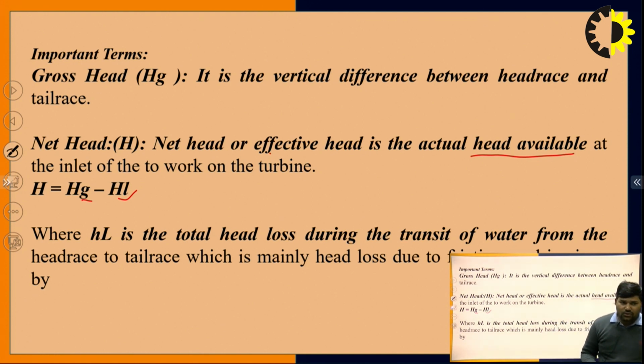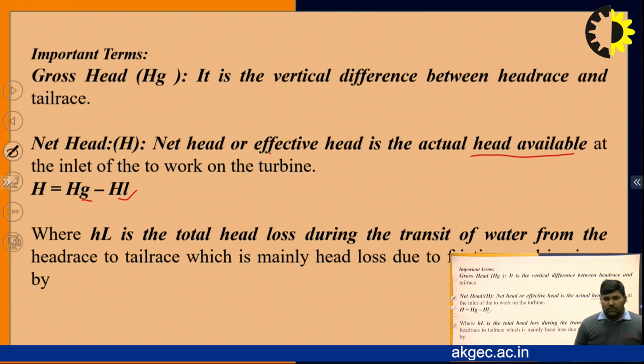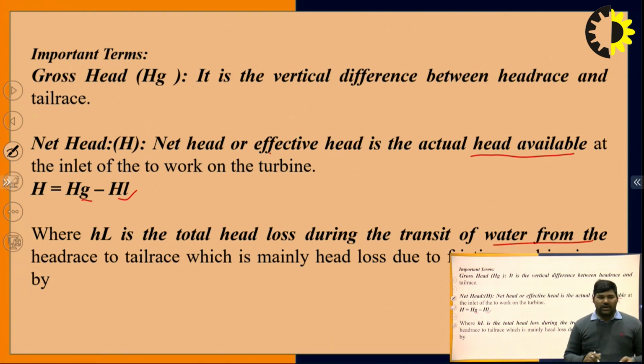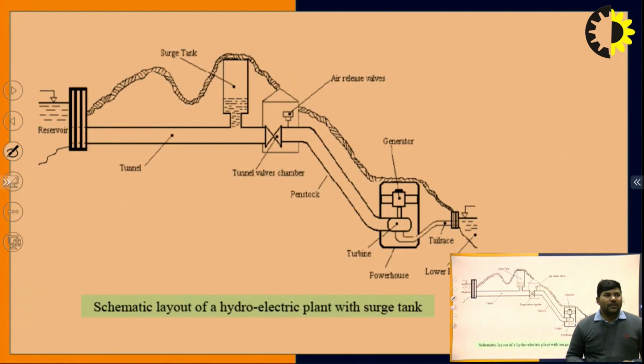Here HL is the total head loss during the transit of the water from the headrace to the tail race, which is mainly head loss due to friction and the blades. We can neglect all these losses.